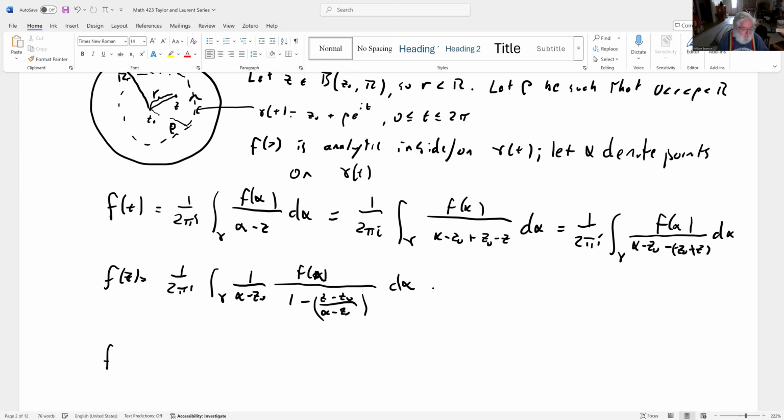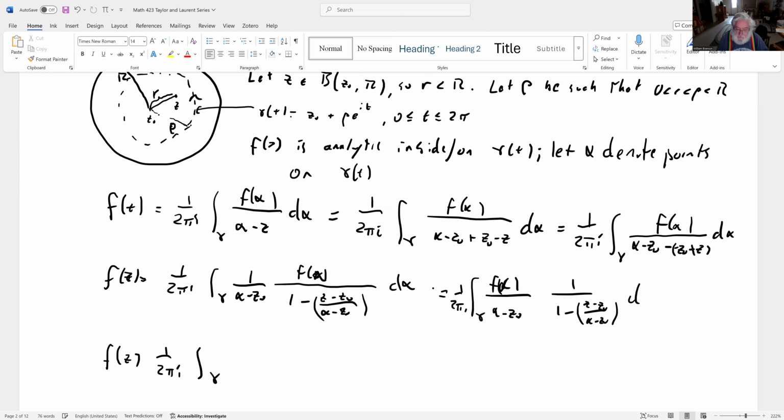Okay, so what does that give me? Well, now I'm going to use my lemma, because this is 1 over 1 minus. I'll rewrite it in a slightly different way so it's clear what my lemma is: integral around gamma of f of alpha over alpha minus z0, times 1 over 1 minus the quantity z minus z0 over alpha minus z0, d alpha.